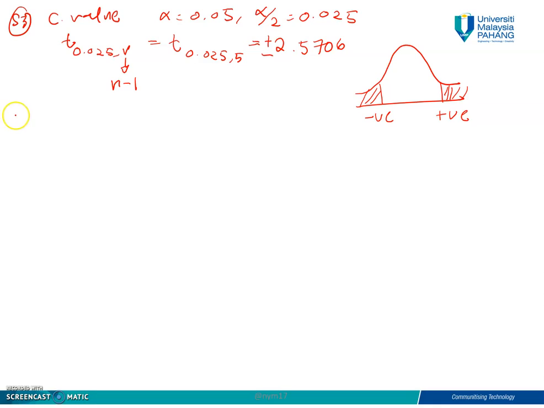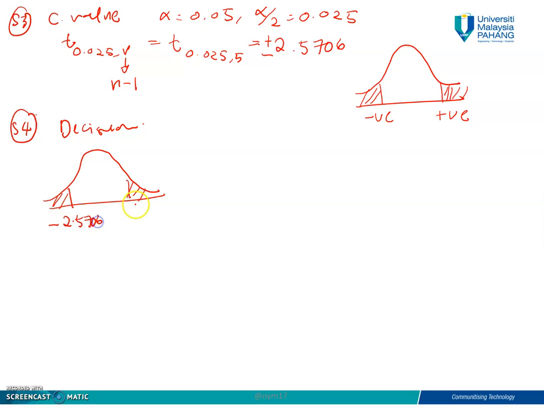Now step number 4, the decision. If you look at the figure, you have left and right. Here is your table value, negative 2.5706, and the other side is positive 2.5706.